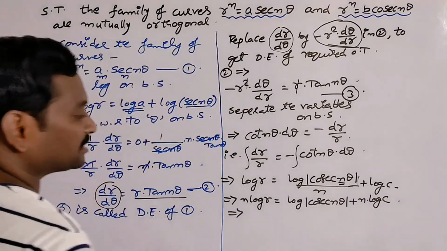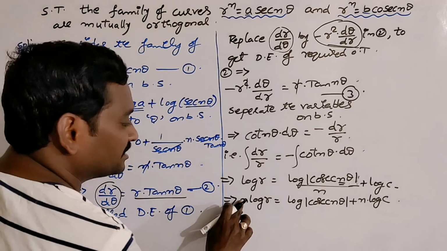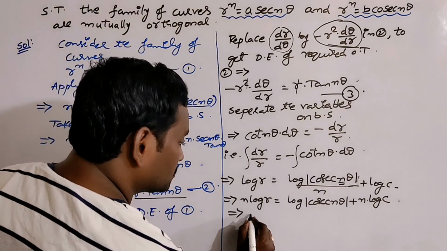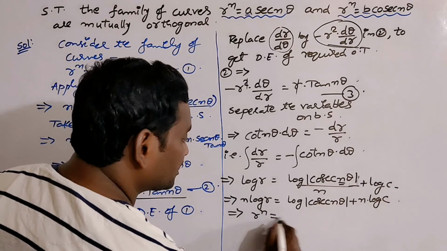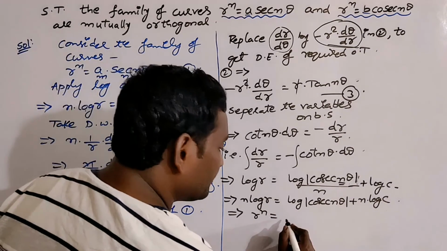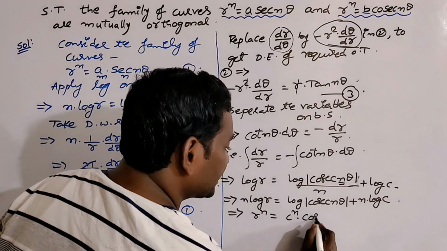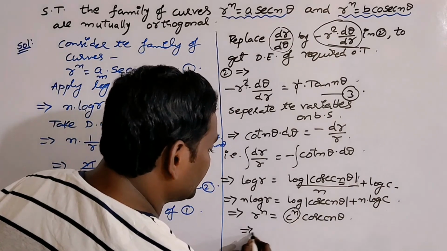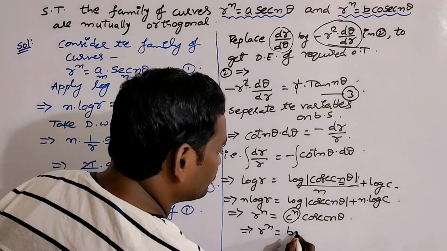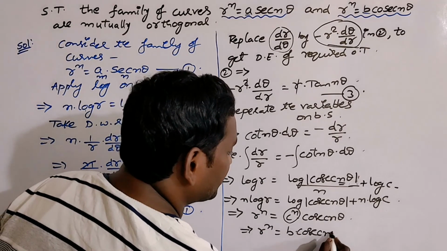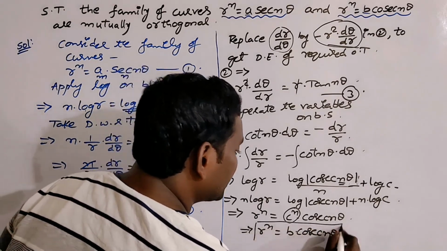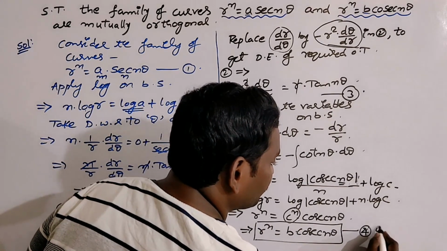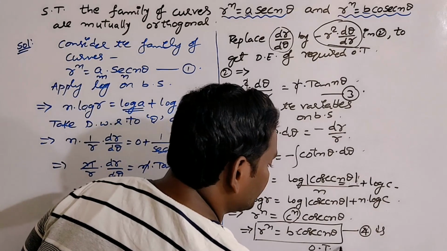By using the logarithmic properties, log r^n, after that log mn formula, you will get r^n equals c^n cosec nθ, and I will replace this c^n with b, which is also a parameter, so r^n = b cosec nθ. Take it as equation number 4. What is 4? 4 is the orthogonal trajectory of the given family.